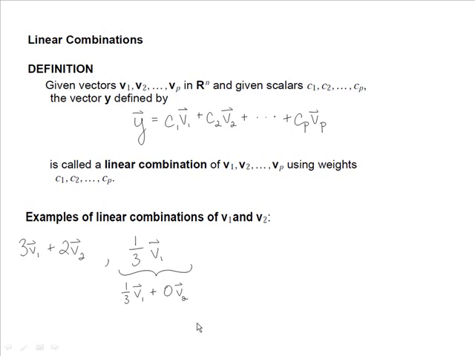And so I'm multiplying v2 by the scalar 0 in this case, but it's still a linear combination of both, even though you don't visually see v2 here. Or I could have v1 minus 2v2. Or we could simply have the 0 vector, which is always a linear combination of any number of vectors. In this case, it would be 0v1 plus 0v2. And that's a way it's a linear combination of both.